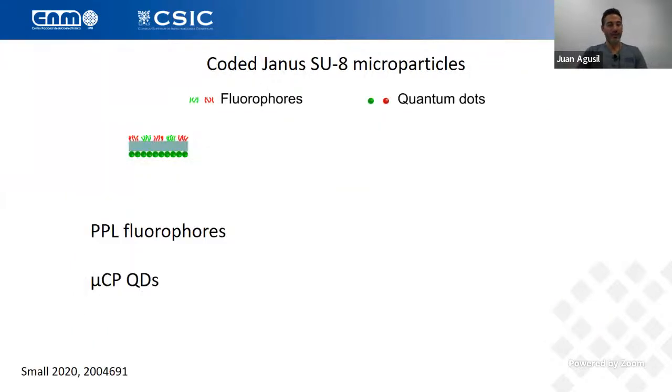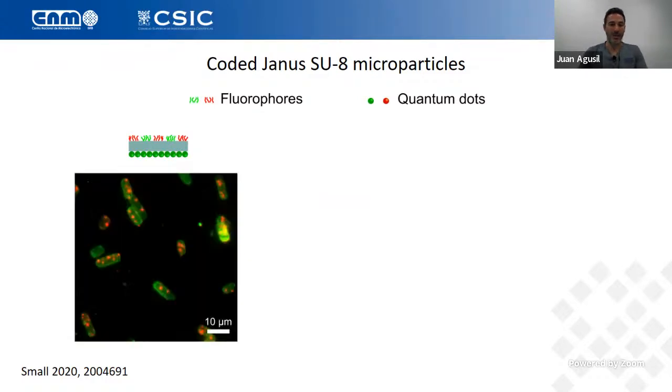And going a little bit further into the functionalization strategies and the possibilities that we have to functionalize in our group, we use the combination of polymer pen lithography to generate fluorophore patterns as a code and microcontact printing of quantum dots to generate a tag.